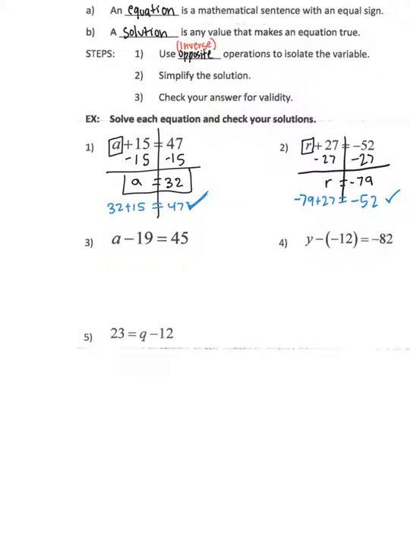Okay, let's look at number three. I want to isolate my variable a. So to get a by itself, I need to get rid of that negative 19. My inverse of subtraction is addition. So I'm going to add 19 to both sides.